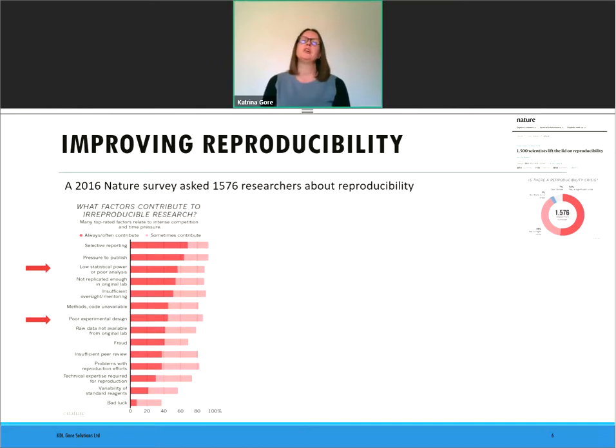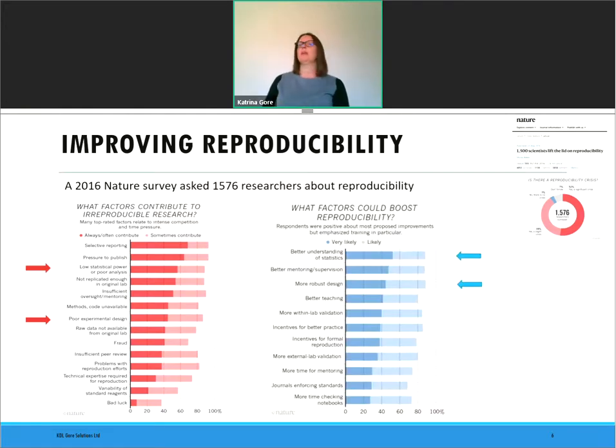Fast forward 13 years from that paper that Michael Festing published, Nature did a survey of more than 1,500 researchers about reproducibility. And when I cast my eye down the list of factors that contribute to the issue, I can see low statistical power or poor analysis, and I can see poor experimental design being mentioned as key factors.